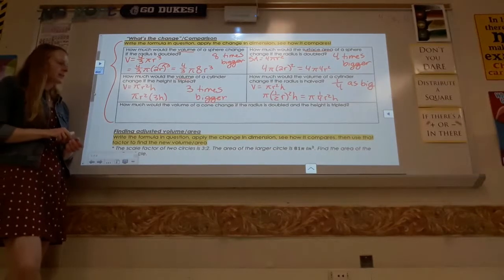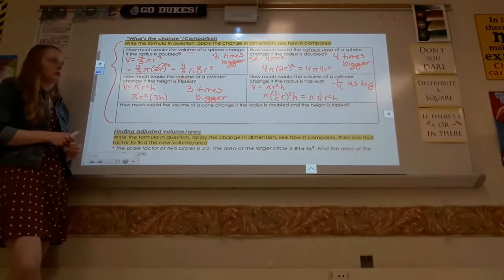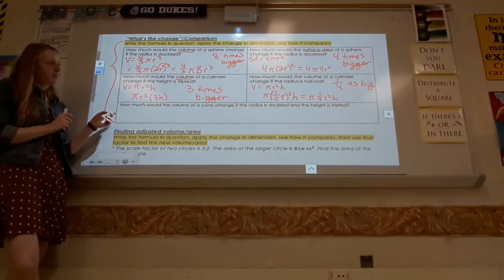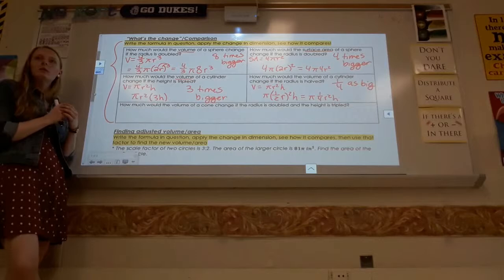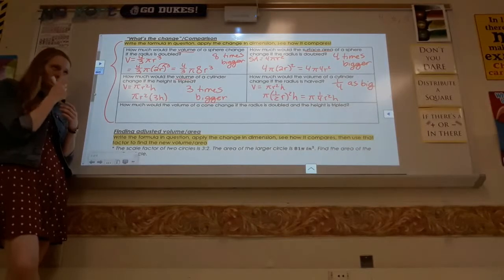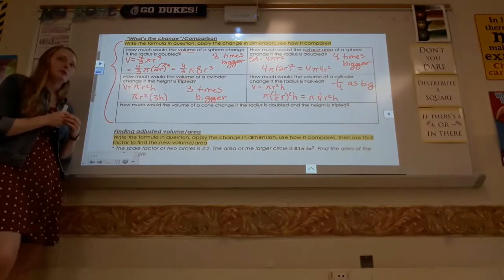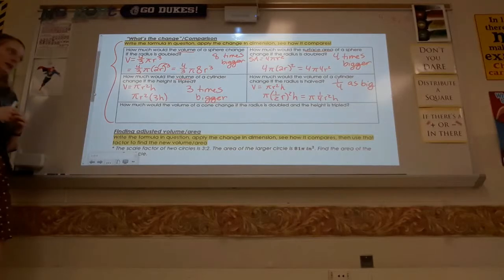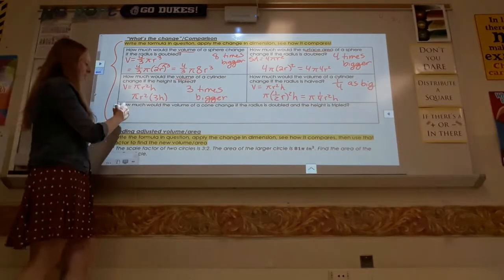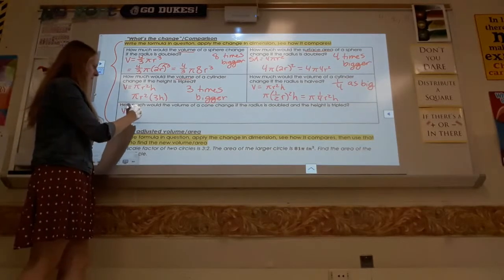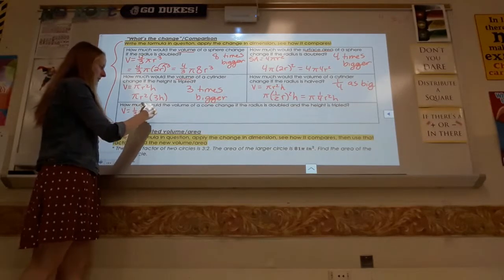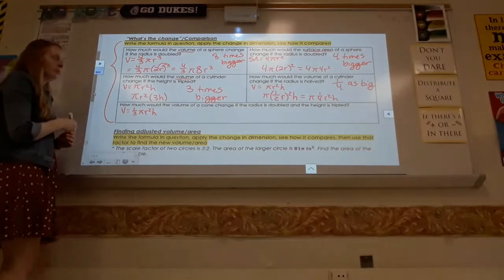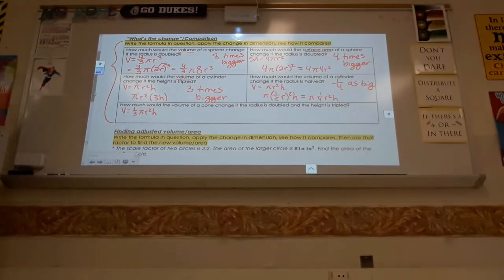Alright, this next one is a little bit different. What's different about this one? There are 2 changes, changing 2 different things. Okay, so this one, it's the same idea, you just have to be really careful about your last step. So this one says the volume of a cone, 1/3 pi r squared h. Okay, this is my formula for the volume of a cone. I'm changing 2 things.